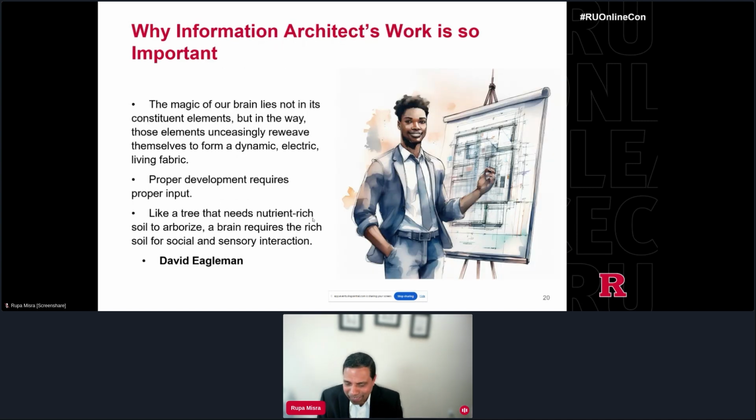So before I end, I would like to share with you why the role of information architects' work is so important. And once again, going to David Eagleman and what he writes in his book, Livewired. The brain is ever changing.